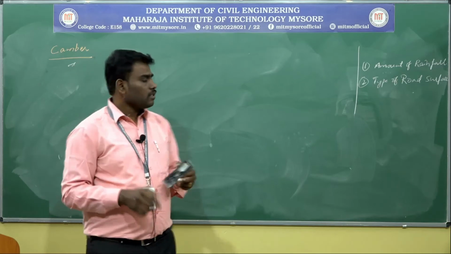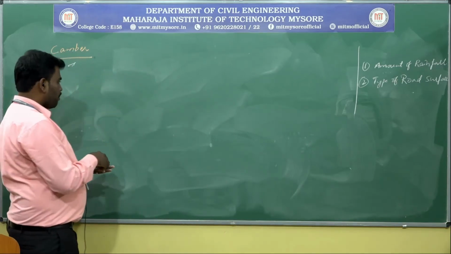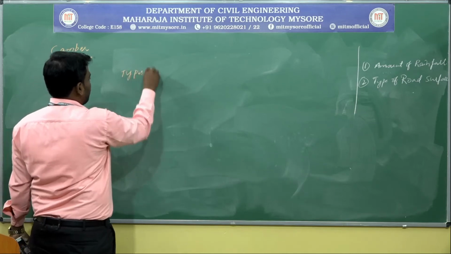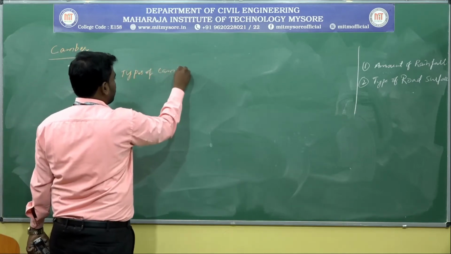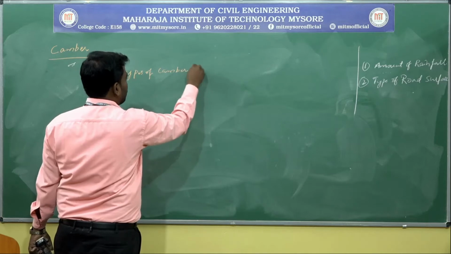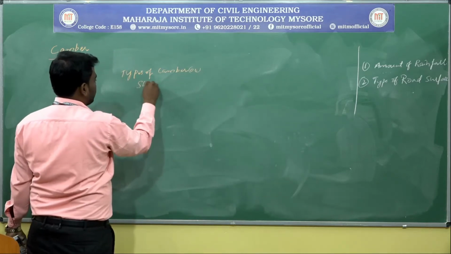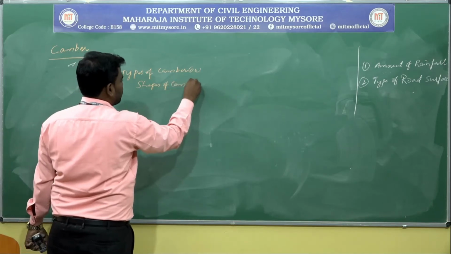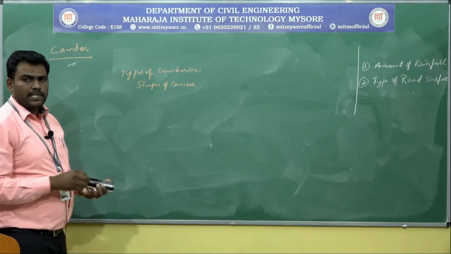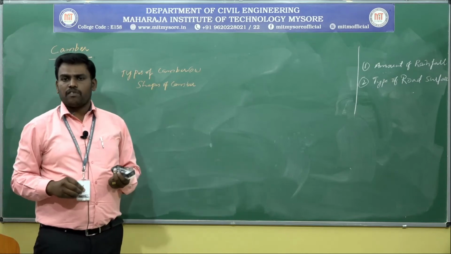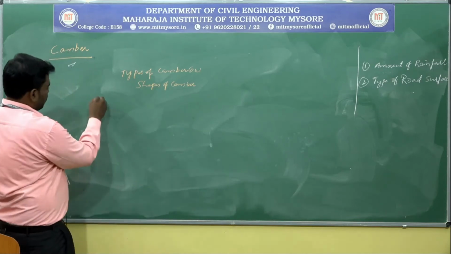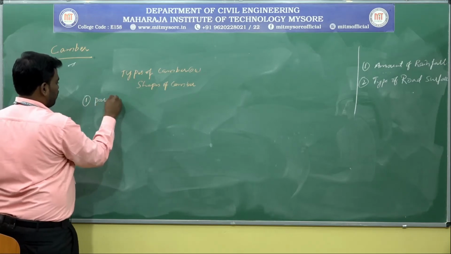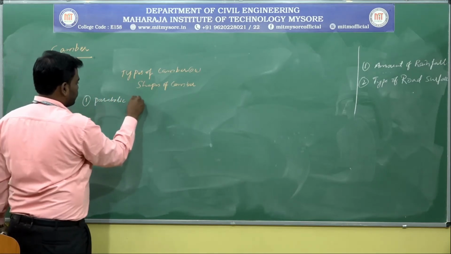Is it clear? Next is types of camber or shapes of camber, one and the same. Basically, there are about three types of camber. They are, number one, parabolic camber.